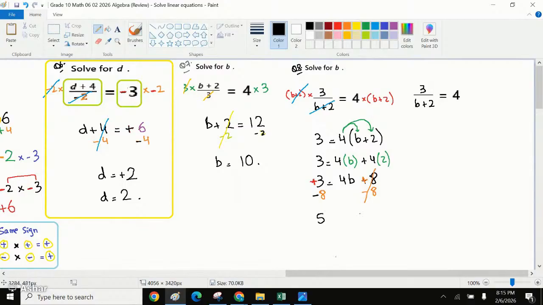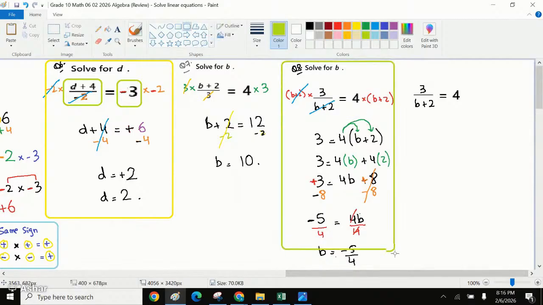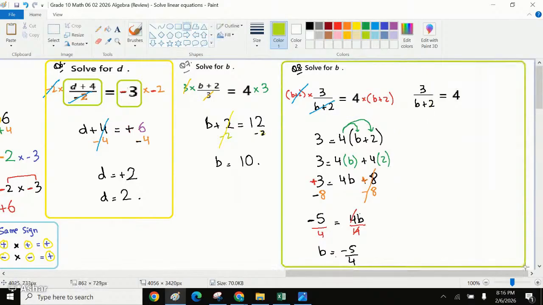We keep the sign of the larger number, so minus 5 is equal to 4b. And can we divide by 4 on either side just to remove the 4? So can we say the value of b comes out to be minus 5 over 4? Agreed? So this is how we can do this question, okay?